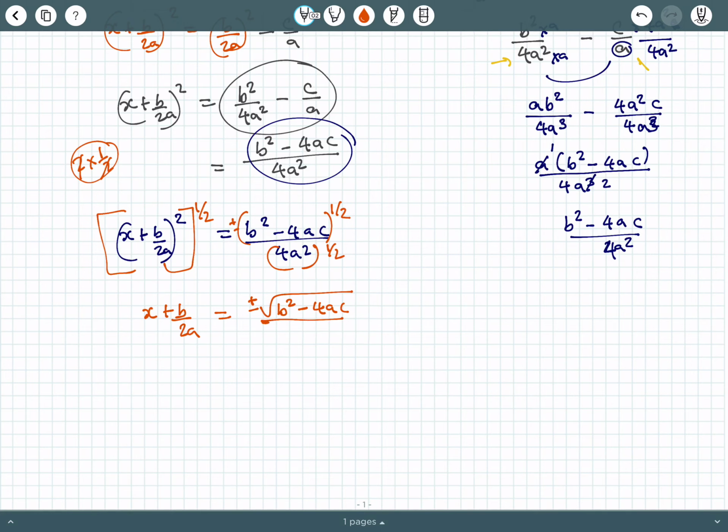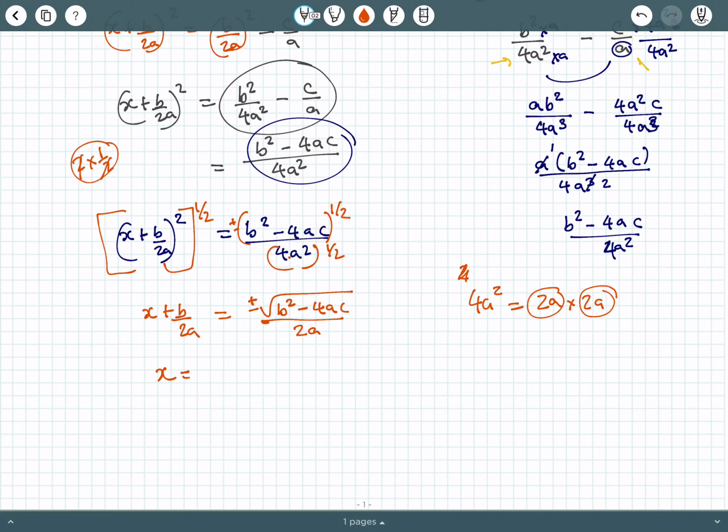And then the square root of 4a squared is the same as 2a times 2a. So the square root is 2a. So we've got a 2a at the bottom here.